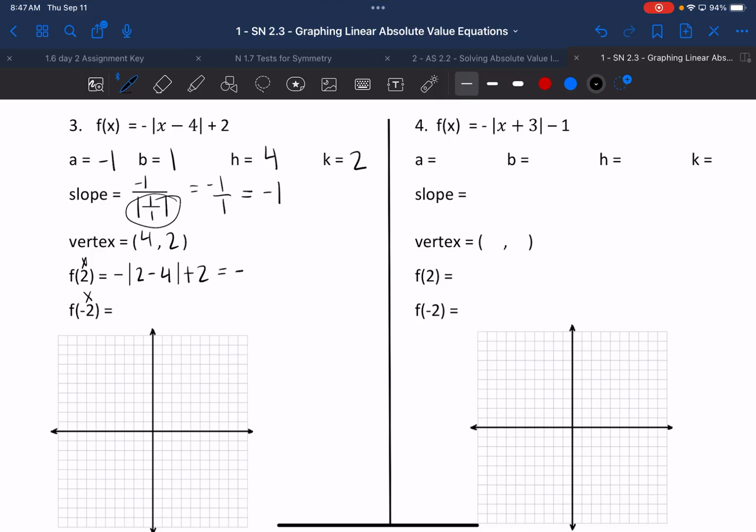But don't forget, there was a negative in front, right? And then we have a plus 2 on the end. So then what would this equal? 0. So we would have the coordinate point 2, 0 on our graph somewhere. Okay, now we're going to do the same thing with negative 2.